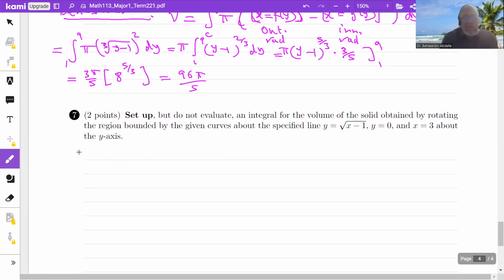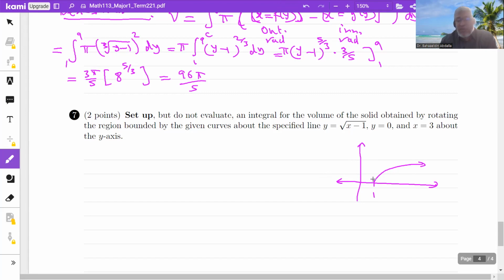So again, about the y-axis, and let us sketch the graph of these regions. y equals square root of x minus 1, that's same as square root of x, but 1 unit to the right. So I can take it 1 unit to the right, and the graph would be like this.